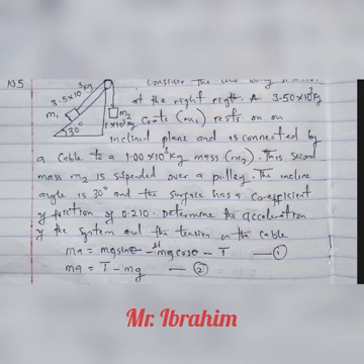Mg sin theta. I'm sure you guys know how to resolve forces. So the force that is parallel to the surface of the inclined plane in the direction of the motion is what? Mg sin theta.